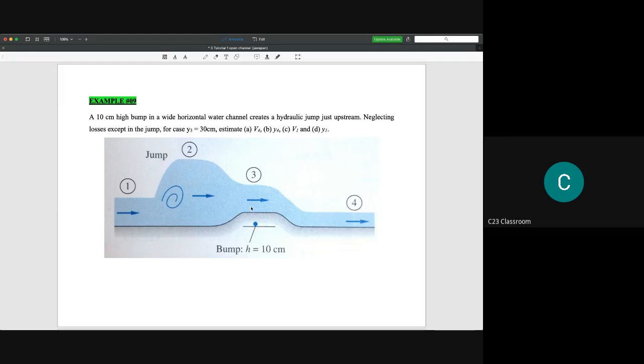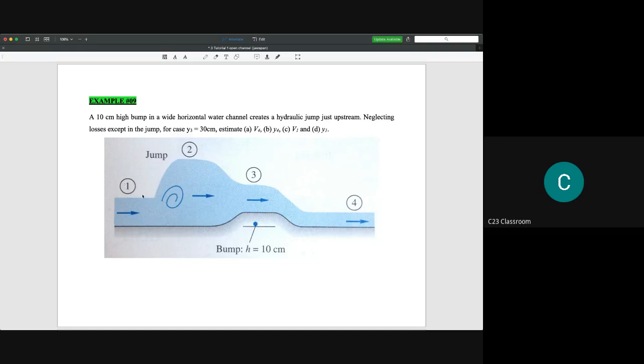So it might be a little bit different from the previous question. In this question, we have 3 points here after the hydraulic jump. In this situation, we still use the same idea.